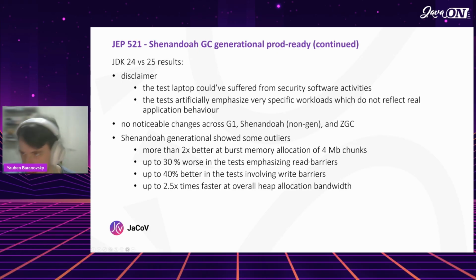So this is a construct related to garbage collection, how it internally works under concurrent workload in JVM. But on the upside, it was able to improve with write barriers and was able to improve its performance significantly with overall heap allocation bandwidth.